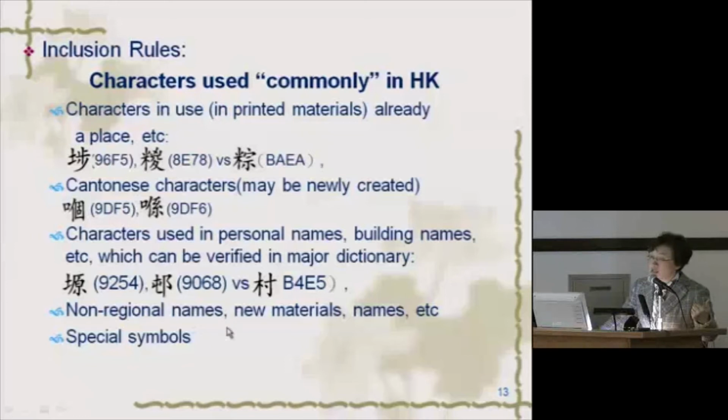Just to be on the safe side, there may be scientific discoveries of new material and things, Chinese characters do get created. So we have these special symbols, but they have to justify that they are being used in Hong Kong. Common or not common is not counted by the number of people, but at least they are used in Hong Kong.